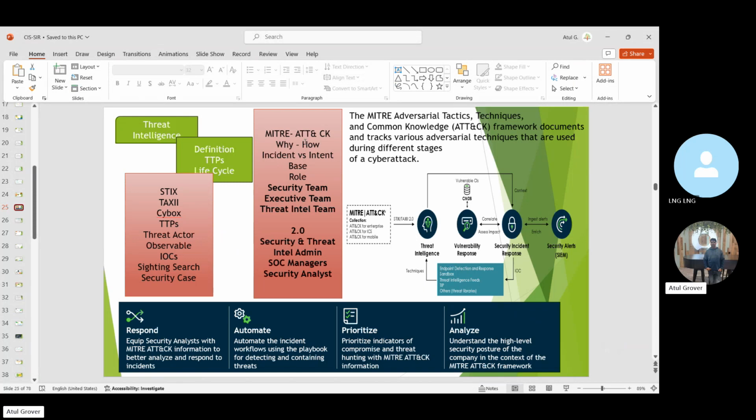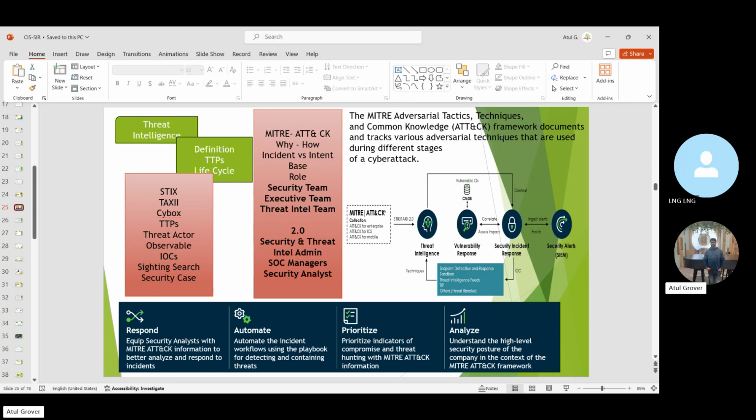The question comes why, how, incident, intent, base, role, and other things will be there. So MITRE is the adversary tactics, techniques, and common knowledge framework, which documents and tracks various adversary techniques that are used during different stages of a cyber attack.